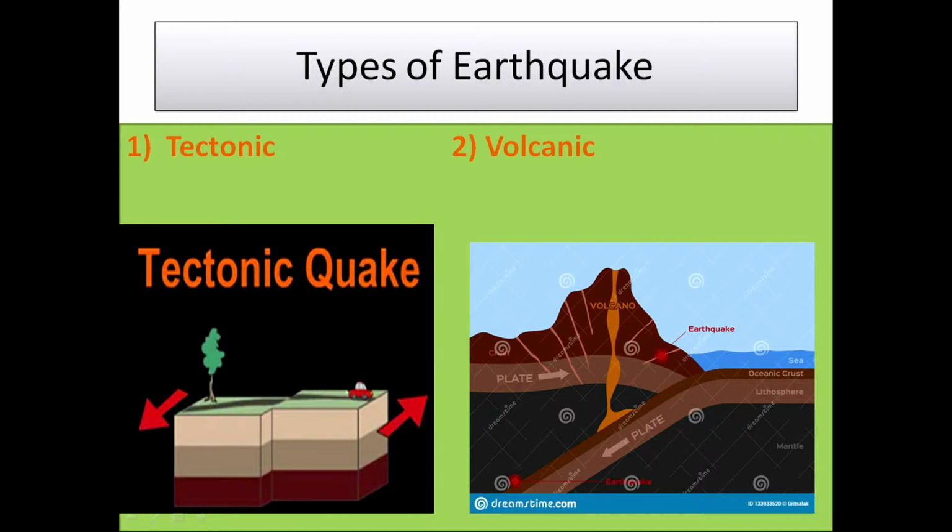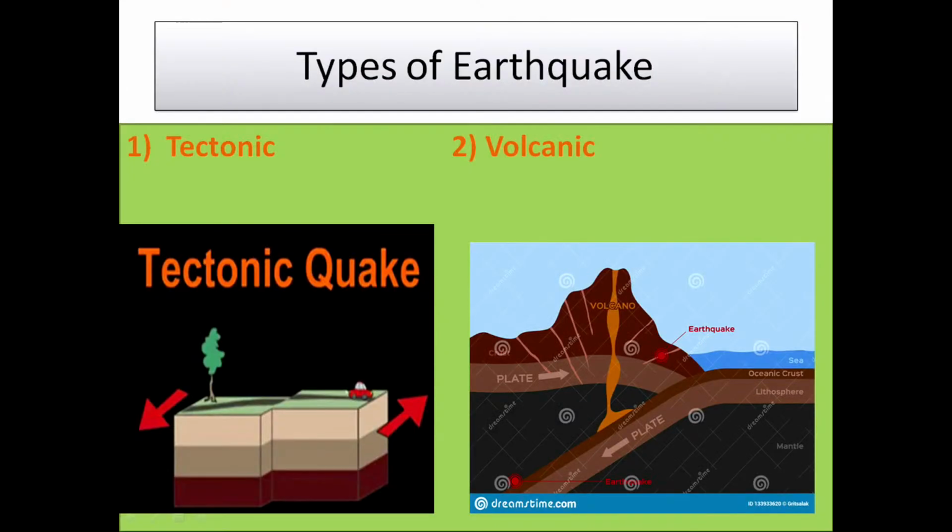And what do you think, which one would lead to more destruction for the public life? For the public life, if I have to say, the most destructive one will be that plate tectonic earthquake. Volcanic earthquakes have a limited sphere of impact.